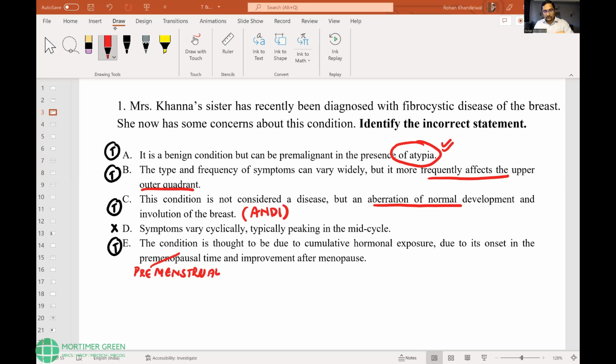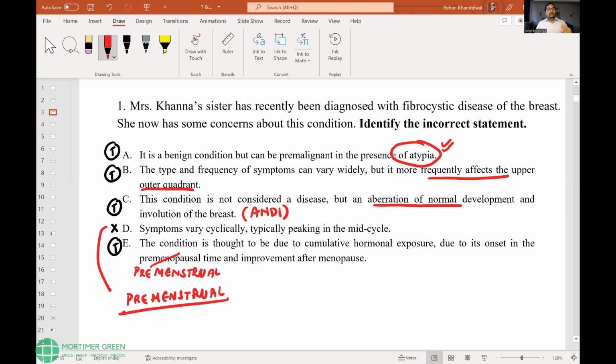Now, symptoms vary cyclically, typically peaking in mid-cycle. So they don't peak mid-cycle. There's a premenstrual peak which is seen. So the patient will typically complain that just before the periods, the breasts are very tender and there is lumpiness.